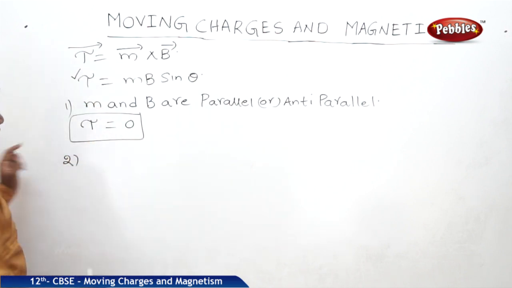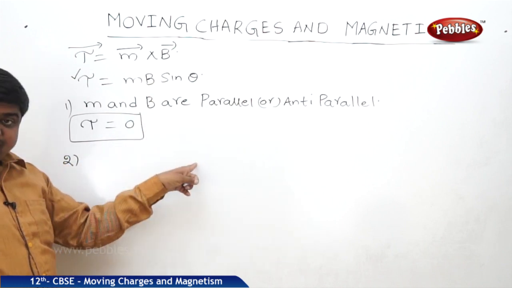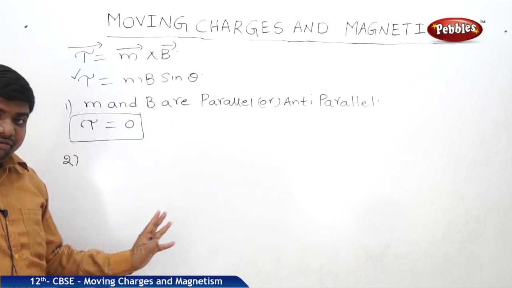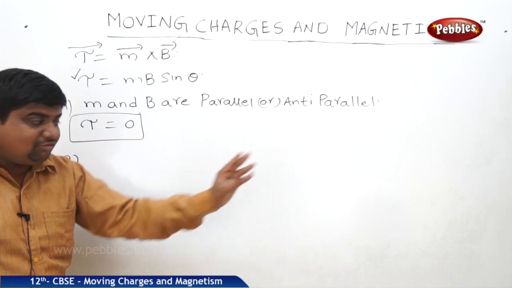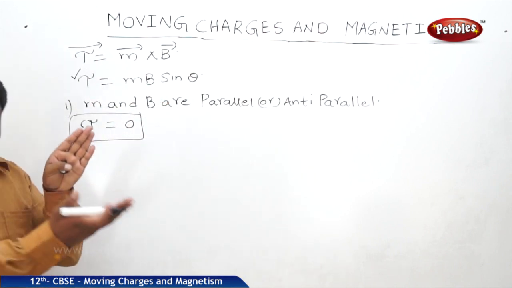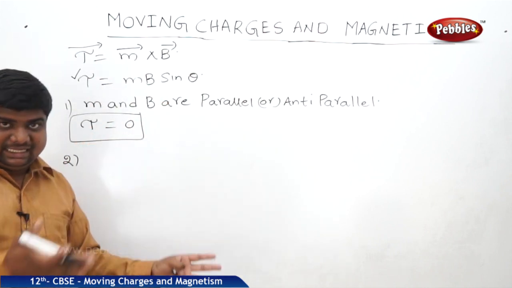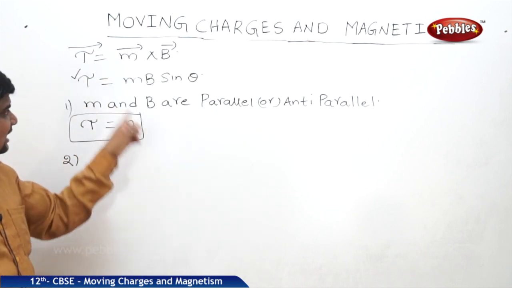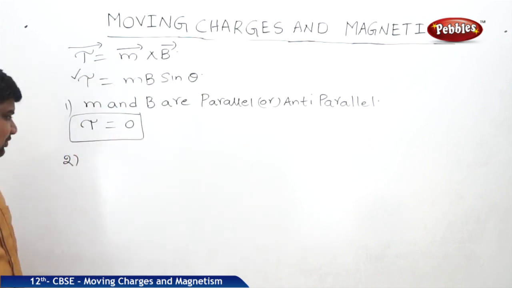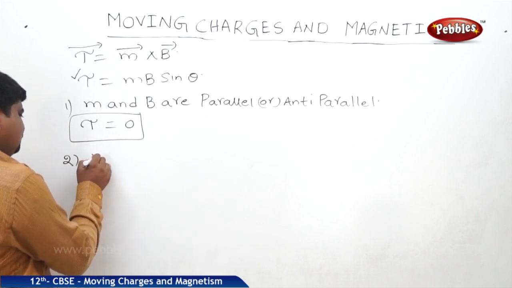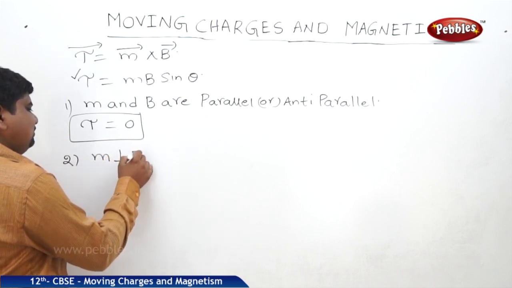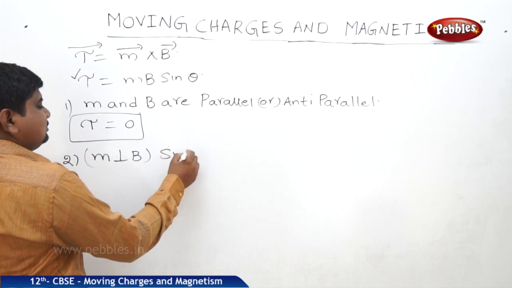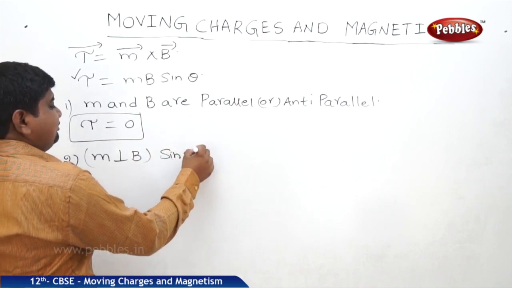Second, when they are parallel or antiparallel, tau is equal to 0, but tau is not equal to 0, a positive value, when M and B are separated or deviated by an angle. From 0 to 180 there are many angles. For these angles tau will be maximum if M is perpendicular to B, since sin 90 becomes 1.